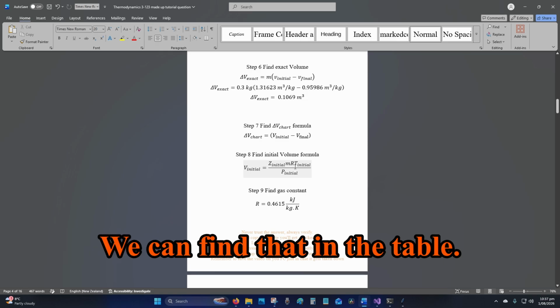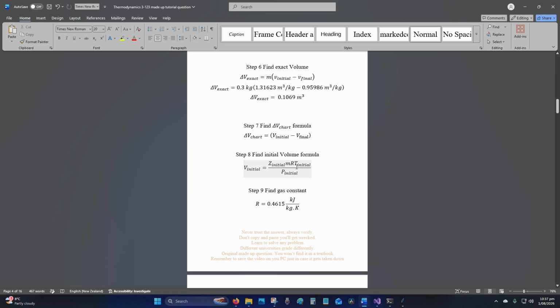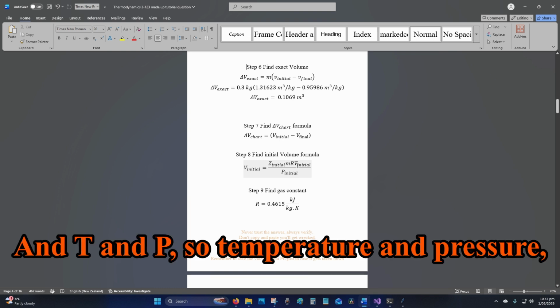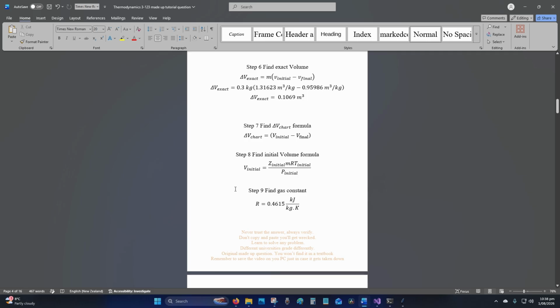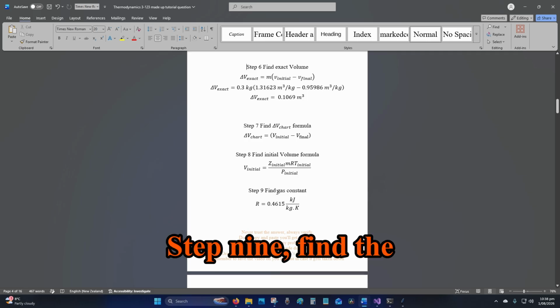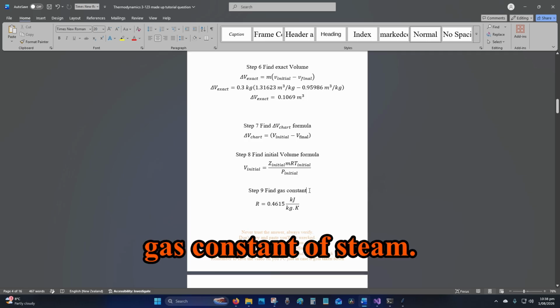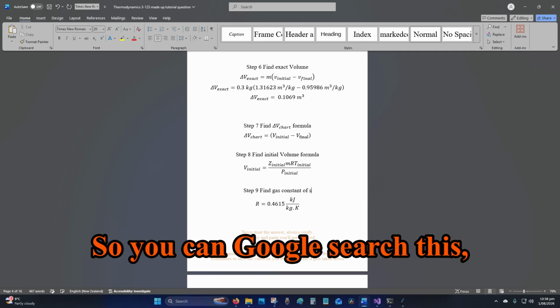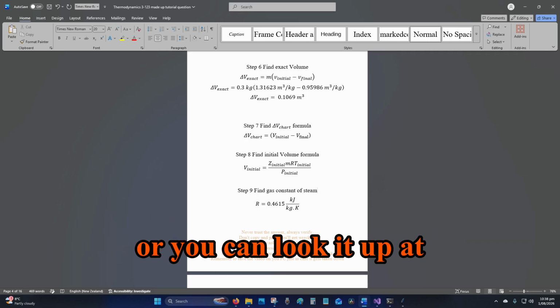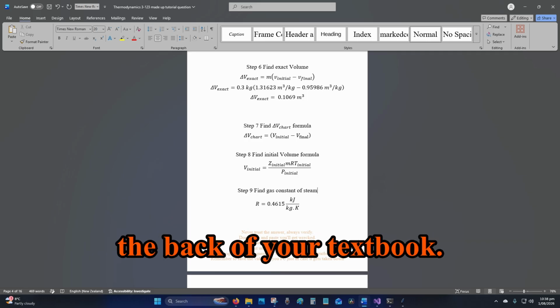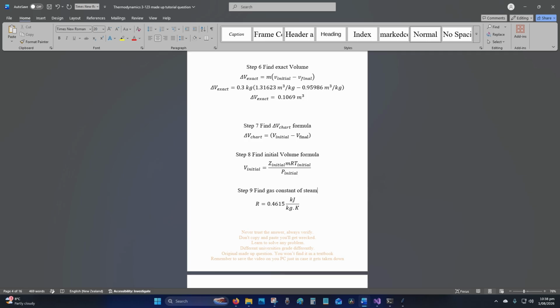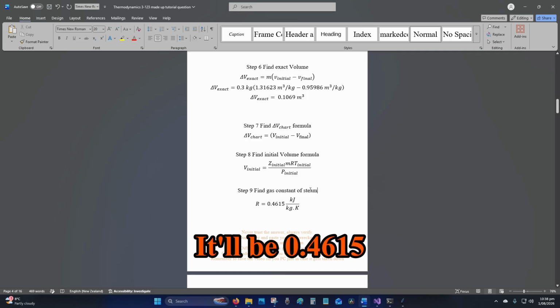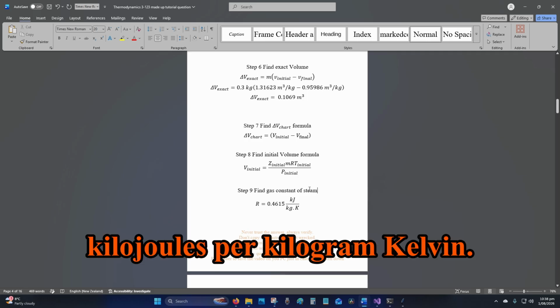We can find that in the table. And T and P, temperature and pressure, are given respectively. Step 9, find the gas constant of steam. You can Google search this, or you can look it up at the back of your textbook. It'll be 0.4615 kilojoules per kilogram Kelvin.